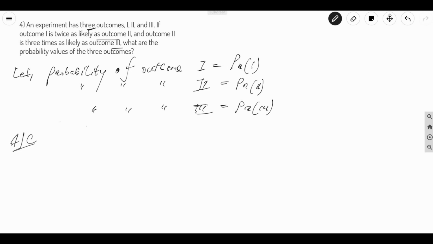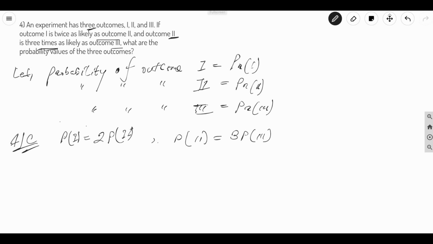According to the conditions that we are given, we can write that probability of 1 is equal to twice the probability of 2, as it is given here that outcome 1 is twice as likely as outcome 2. We can also write that probability of 2 is equal to 3 times probability of 3, as we are given in the second condition.